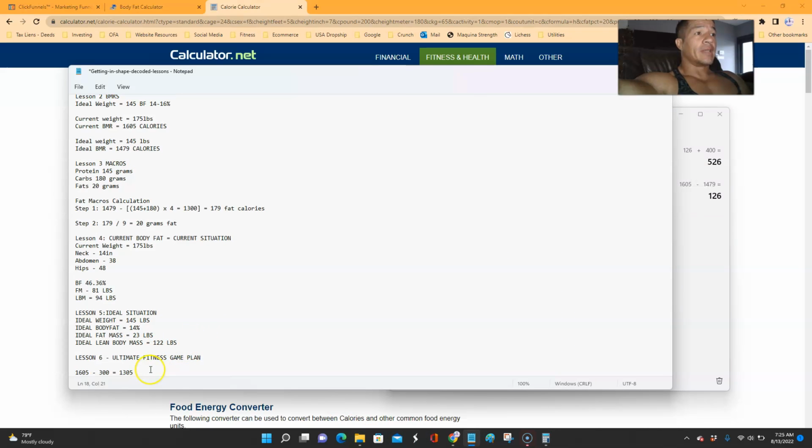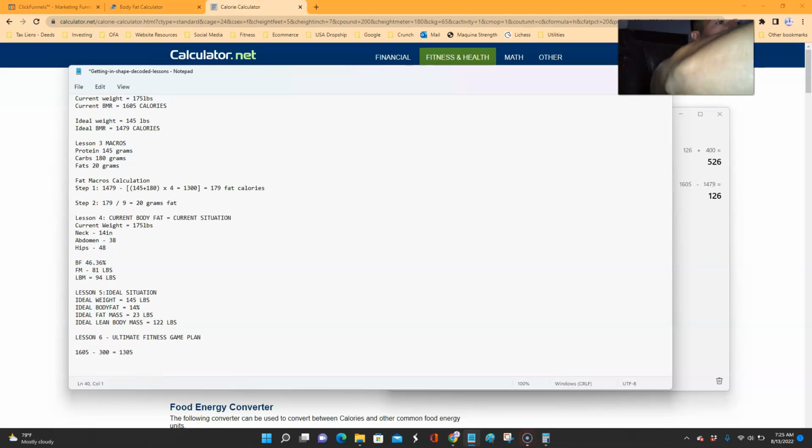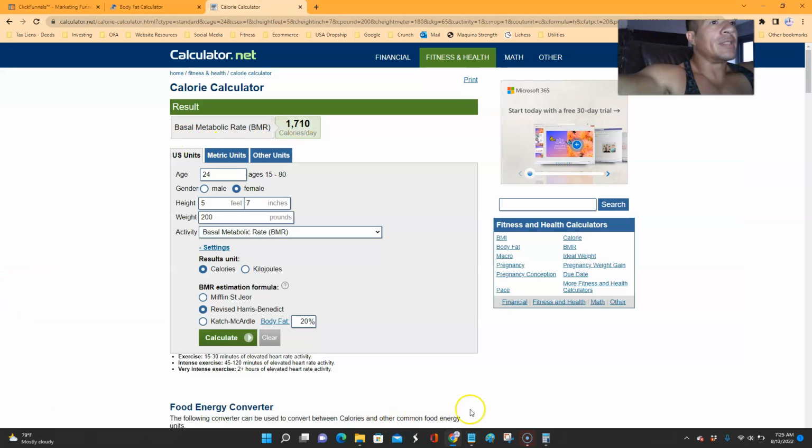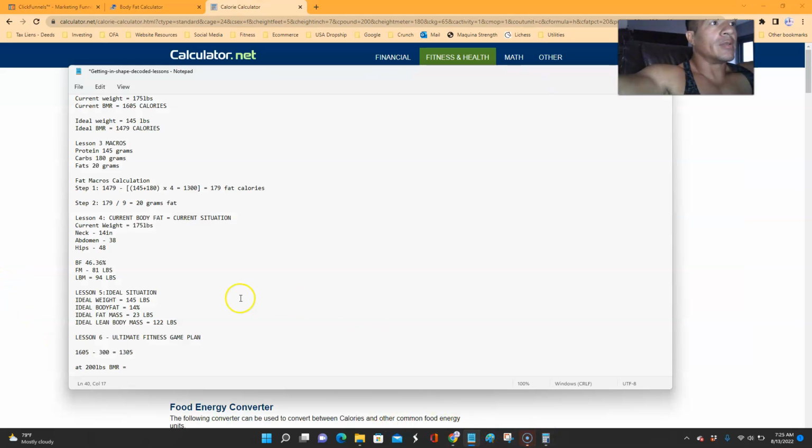As part of the example, at 200 pounds, my client's current BMR will be 1710. Now, this doesn't take into consideration the body fat, etc., but let's say it's about 1710.